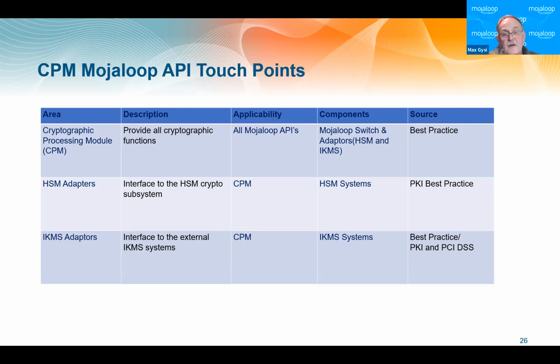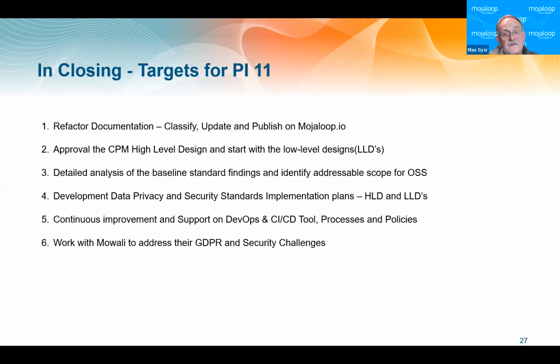And as with everything else, we are trying to stick to the best practice for whatever standard we are trying to adhere to. Our next steps will be, once everything is approved, to go into a low-level design for this, and hopefully by the end of the next PI actually have the low-level design.